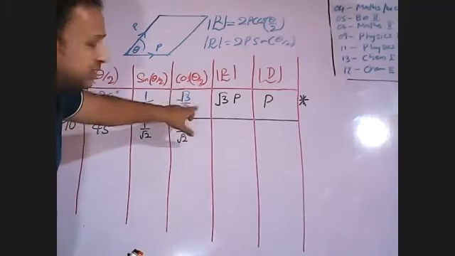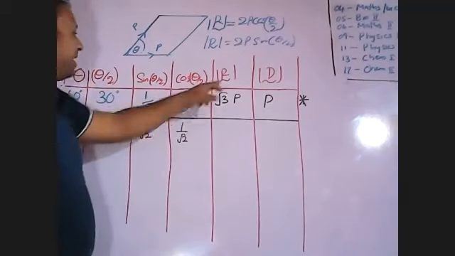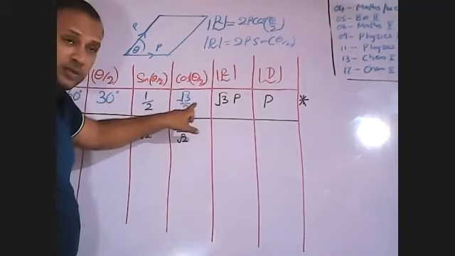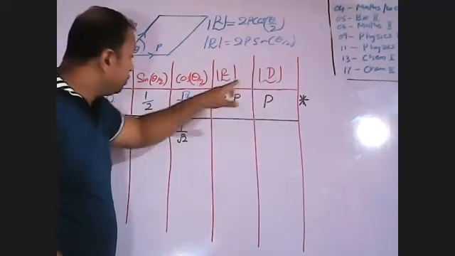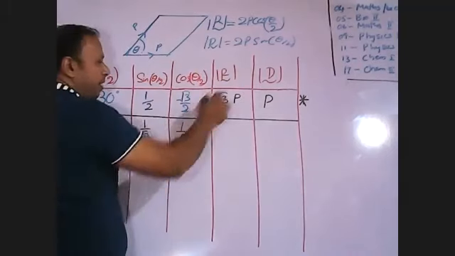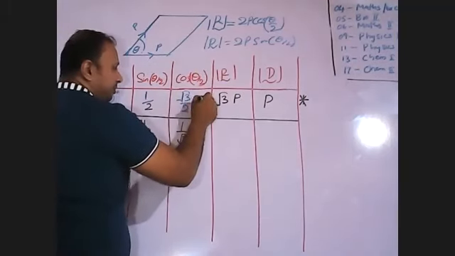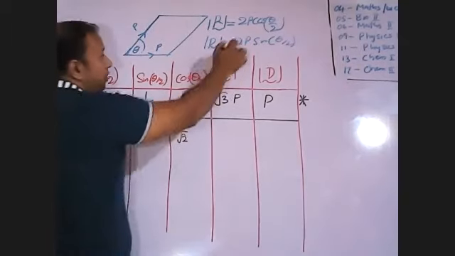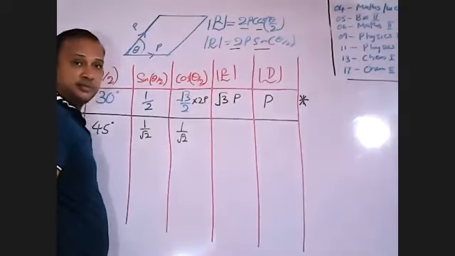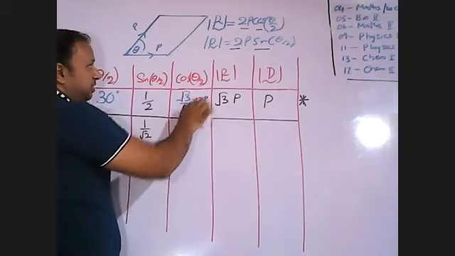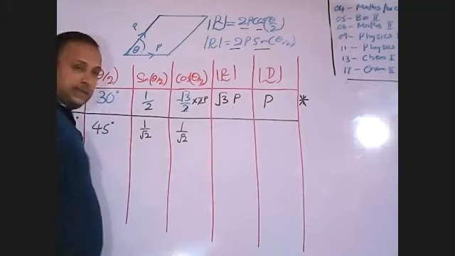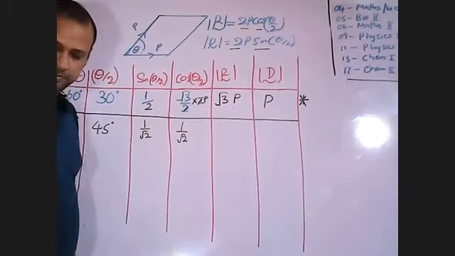Sin 30 is half, cos 30 is root 3 over 2. Then R is equal to 2P times this value. D is equal to 2P times this value. If you want to find R, you have to multiply this by 2P. So the 2s cancel out. Then the answer is root 3 P.